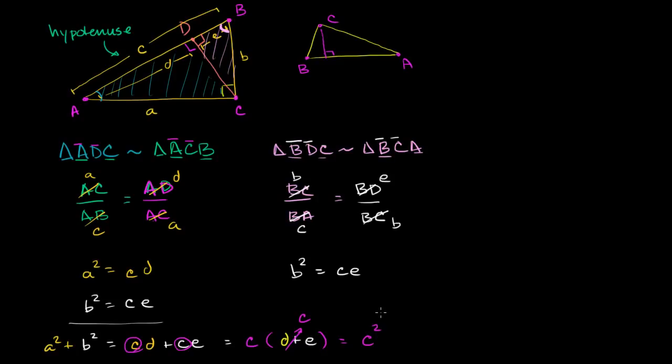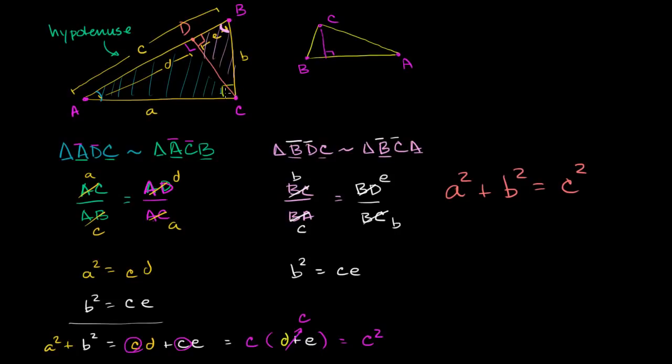So now we have an interesting relationship. We have that a squared plus b squared is equal to c squared. So we've just established that a squared plus b squared is equal to c squared.